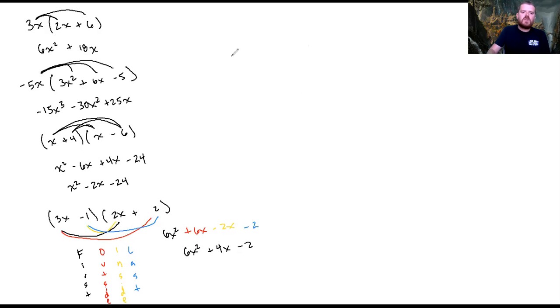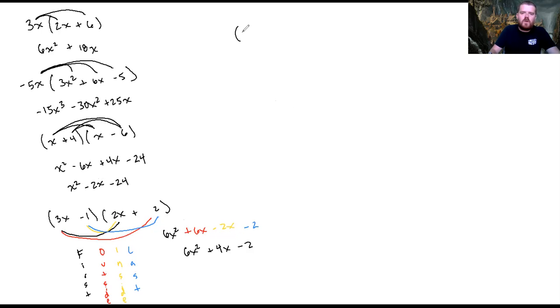So as we're getting into larger polynomials, what you need to remember is that however many terms I have in each polynomial, if I take that product, that's the number of terms I should get in my final answer before I simplify. So for instance, here, we were doing a binomial times a binomial, 2 times 2. I should end up with 4 terms, which is what we got.